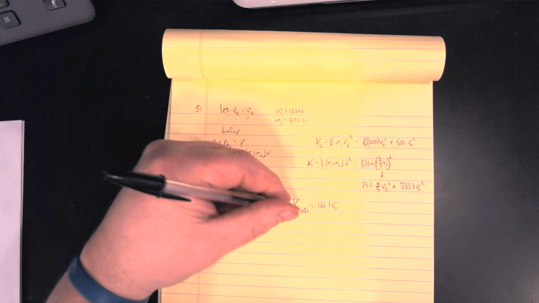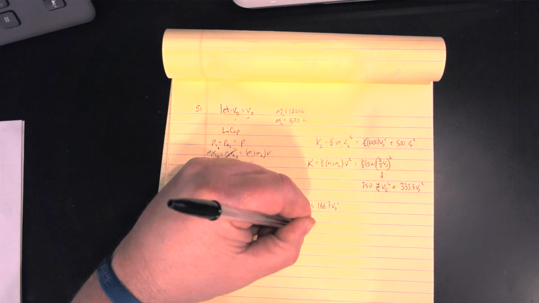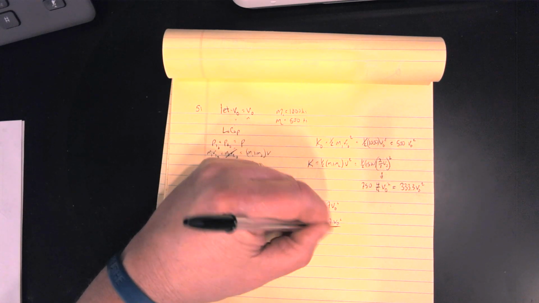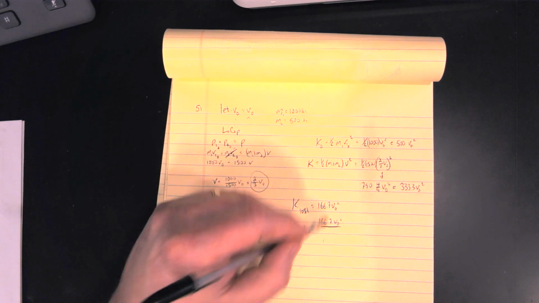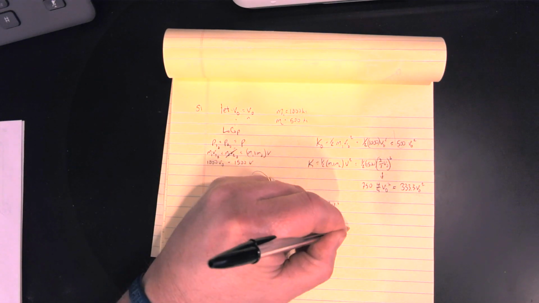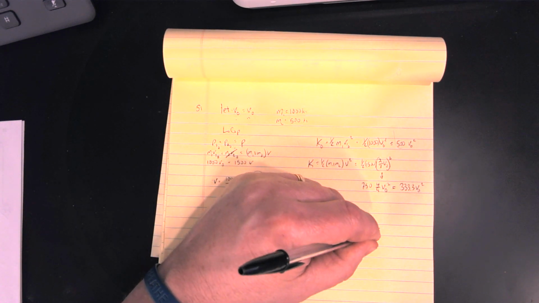So now I can find percent lost by taking my 166.7 v naught squared over my original kinetic energy, the 500 v naught squared, and that's going to give me 33% of my energy was lost.